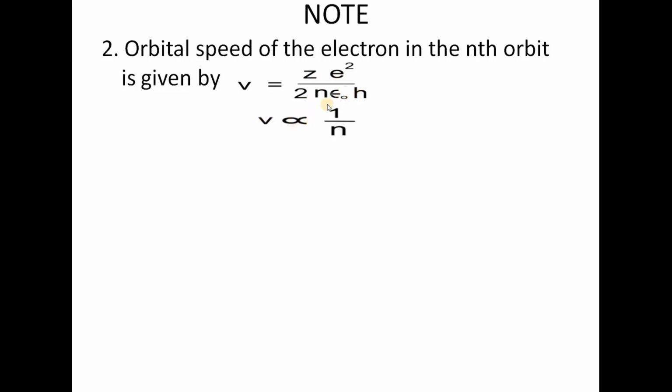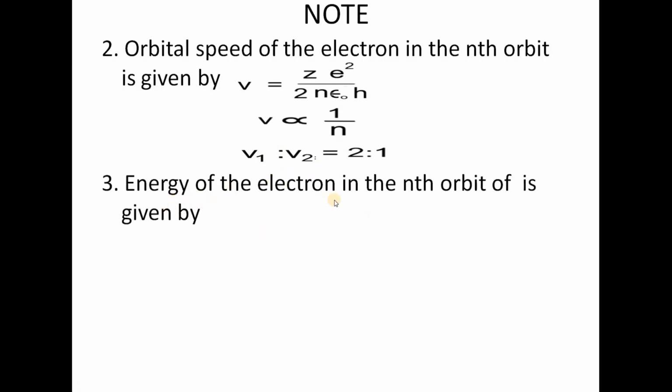So we can write V proportional to 1 by n, that is, velocity or speed of the electron in the nth orbit is inversely proportional to the principal quantum number. Now we can get the relation V1 is to V2 is equal to 2 is to 1. That is V1 proportional to 1 by 1, V2 proportional to 1 by 2. So the velocity of the electron in the first orbit is double the velocity of the electron in the second orbit.